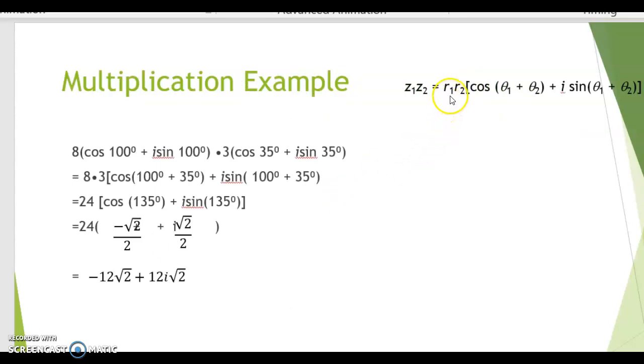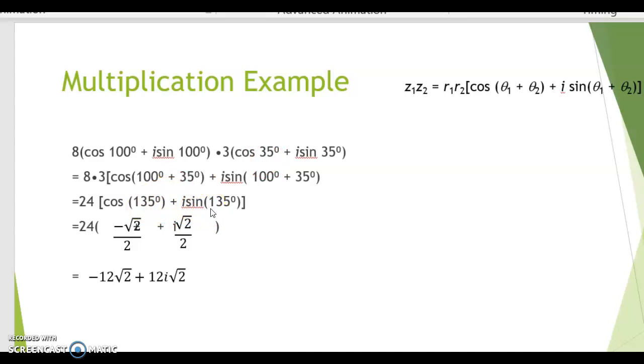Our formula tells us to multiply our two R values, so the two numbers in front of the parentheses. 8 times 3, which is 24. Our formula tells us to add the measures of our angles. So 100 plus 35 gives us 135 in both parentheses.